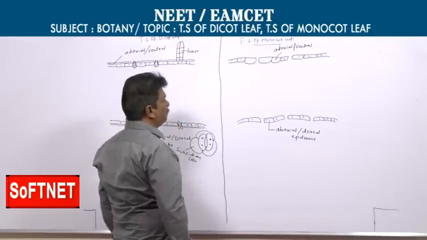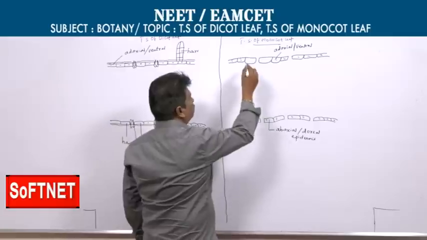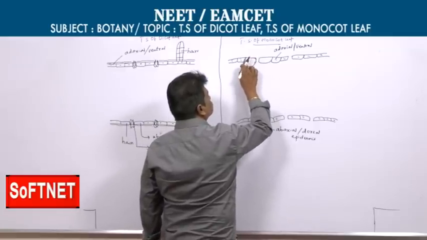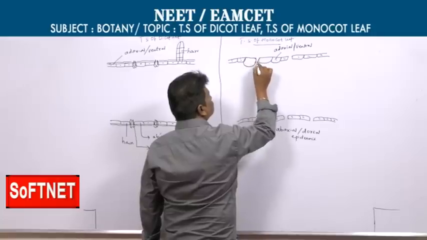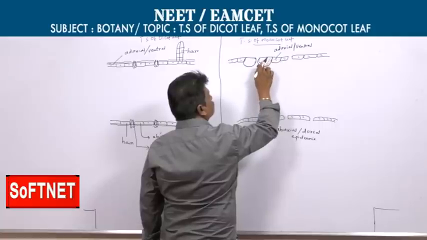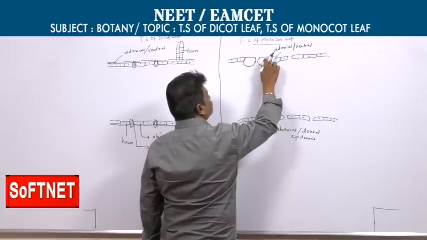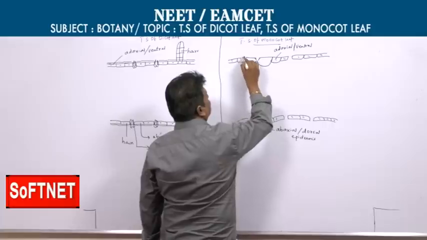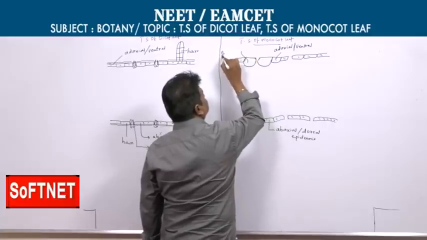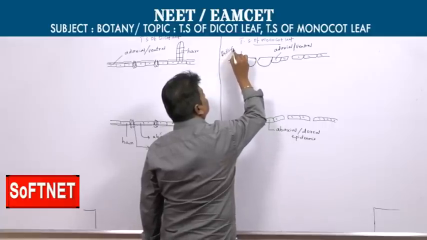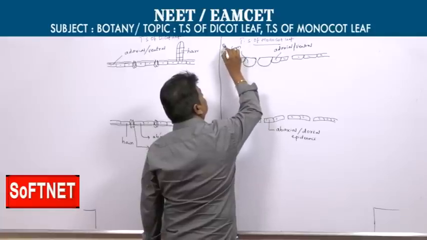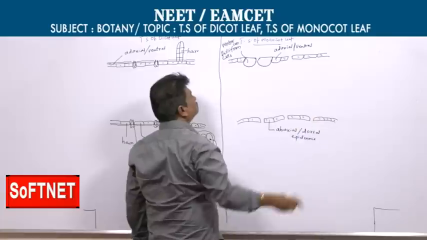Only in monocot leaf, in some grasses, some of the upper epidermal cells are large and hygroscopic, called bulliform cells or motor cells.